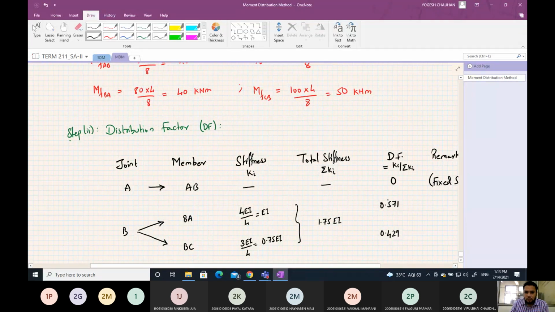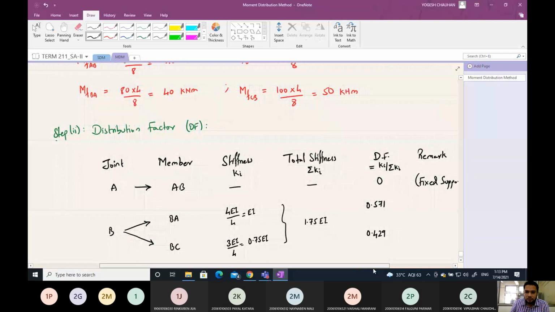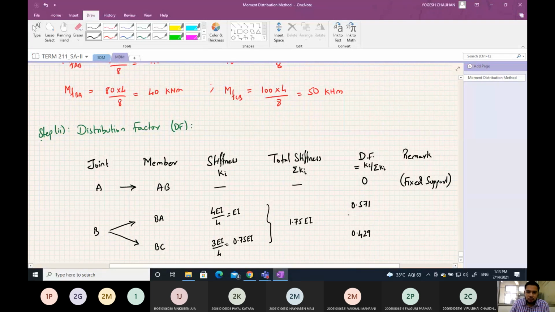Note that the sum total of these two should be equal to 1. 0.571 plus 0.429 should be equal to 1, because it is the fraction of the moment to be shared among the members. So the sum of all these fractions should be equal to 1.